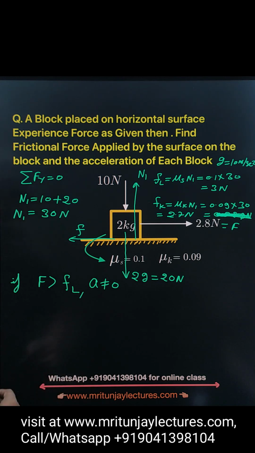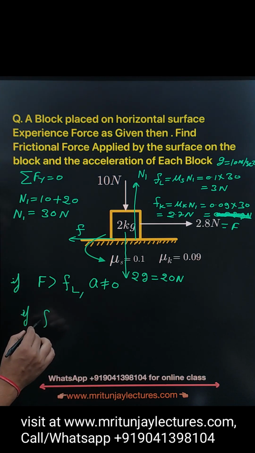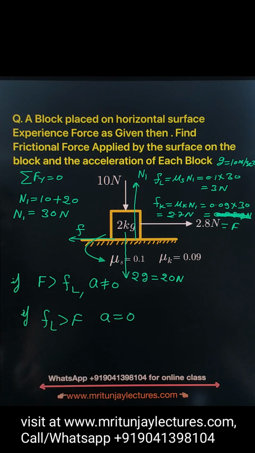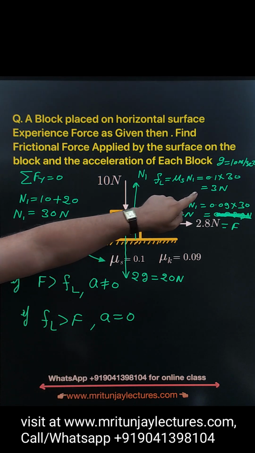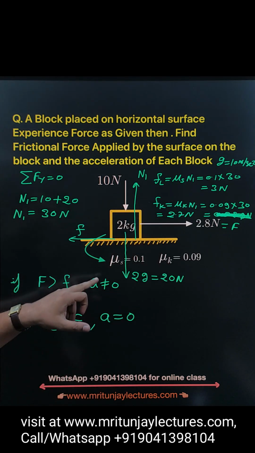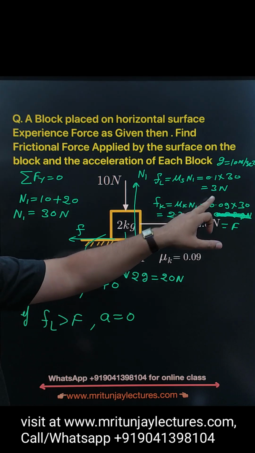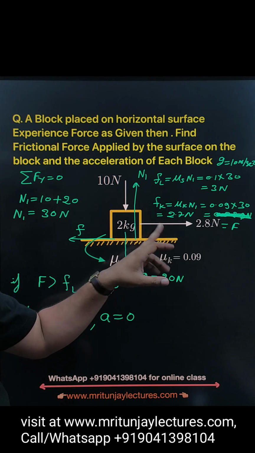Second case: if FL is greater than capital F, the block is not moving, so the acceleration is 0. Look here: the limiting frictional force is 3 Newton and the driving force is 2.8. 3 is greater than 2.8, so this block is not moving.